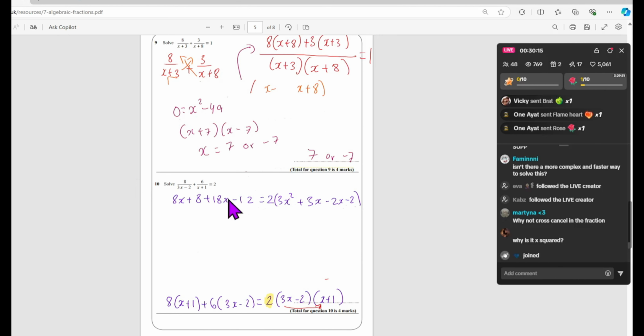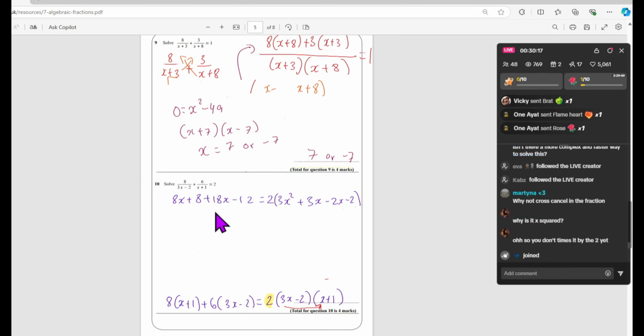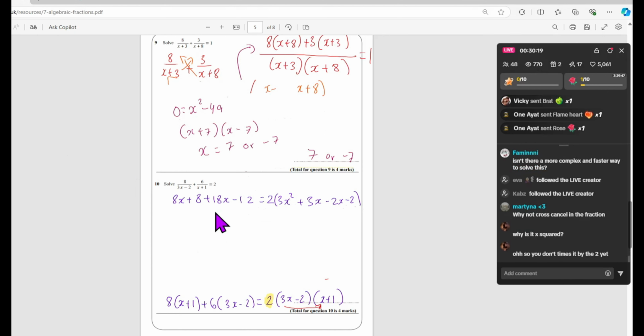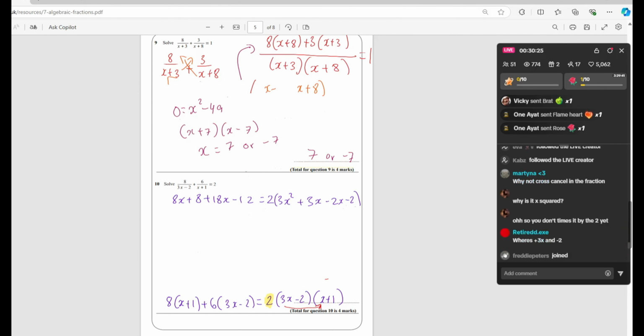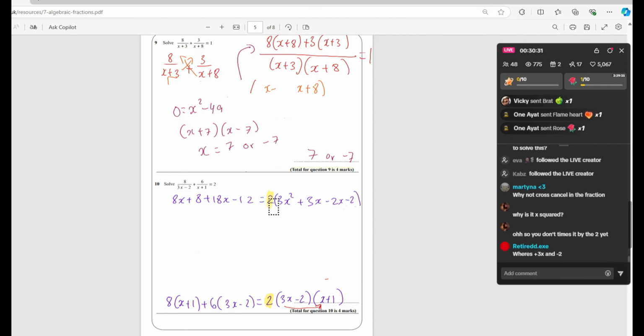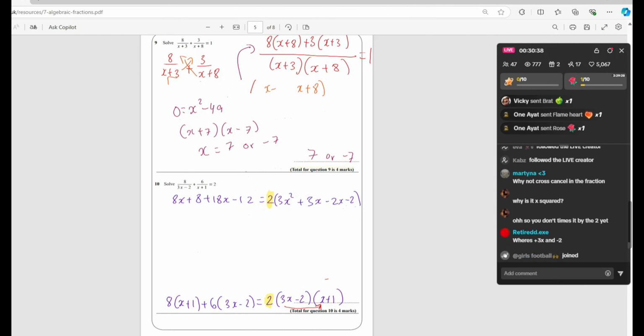Now, once you've got this, now we're going to simplify it. The 2 over here, we're going to multiply later, after we've simplified, okay?